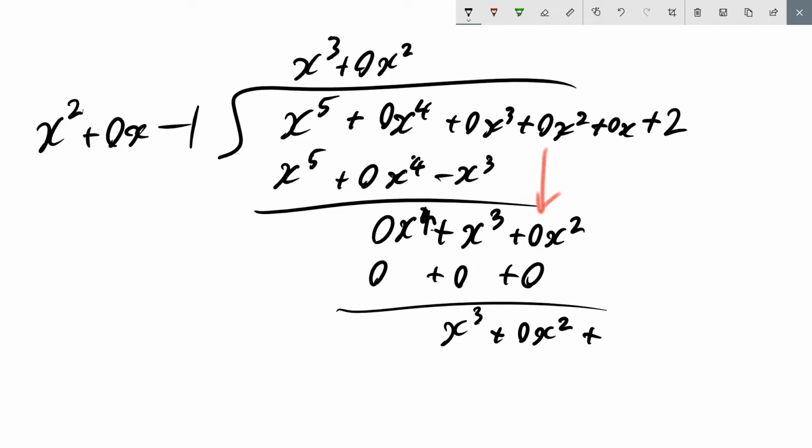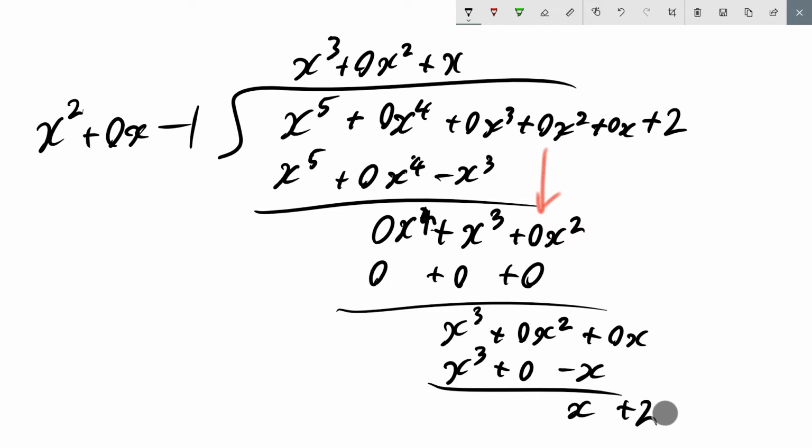Bring down the 0x. And now I can times by x. So I'll add x times it all, x to the 3. I'll have zeros. I'll have 0, and then I'll have minus x. Subtract. I will end up with nothing. Nothing here. Here I will have a double negative, so I'm left with positive x, and then I'll have 2 over here, and that's my remainder.